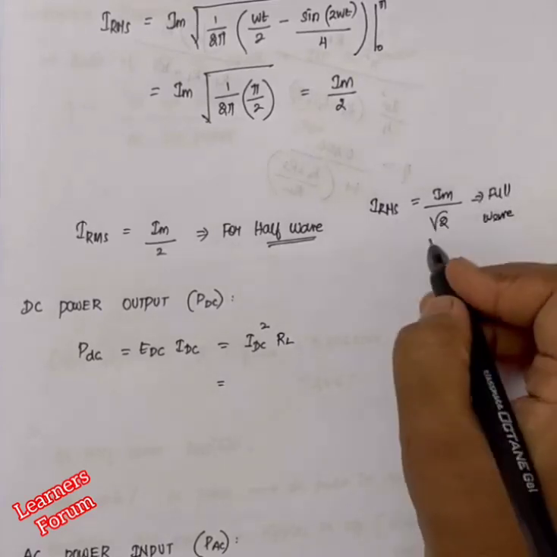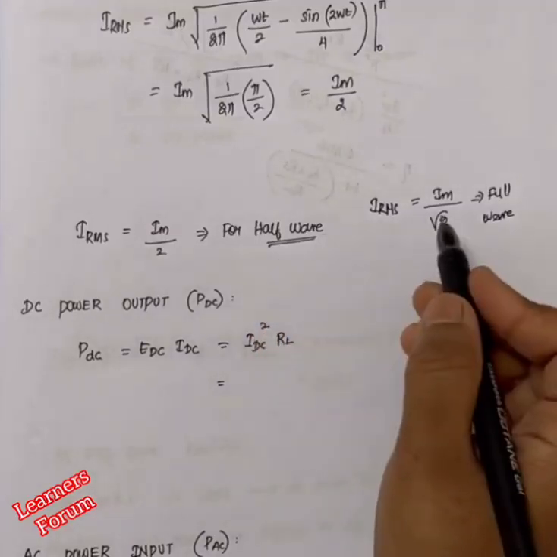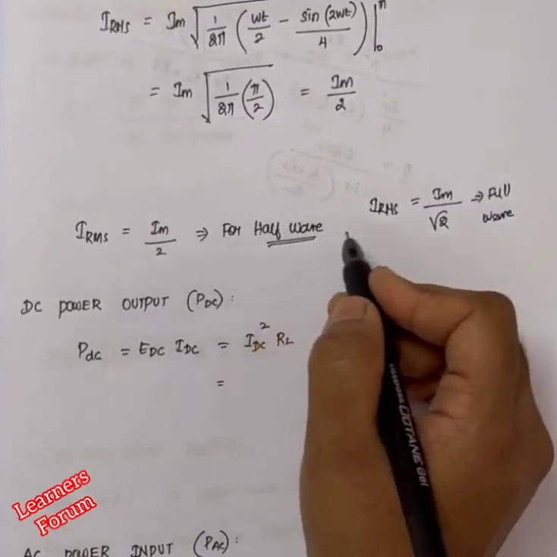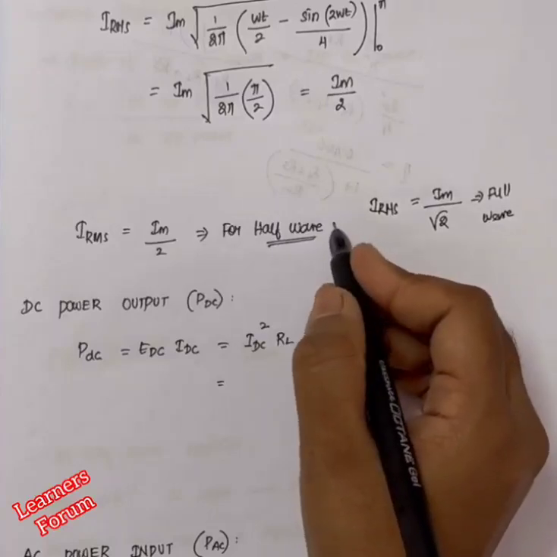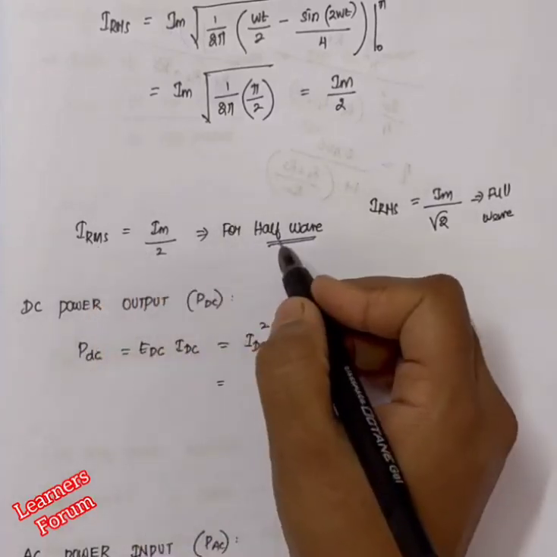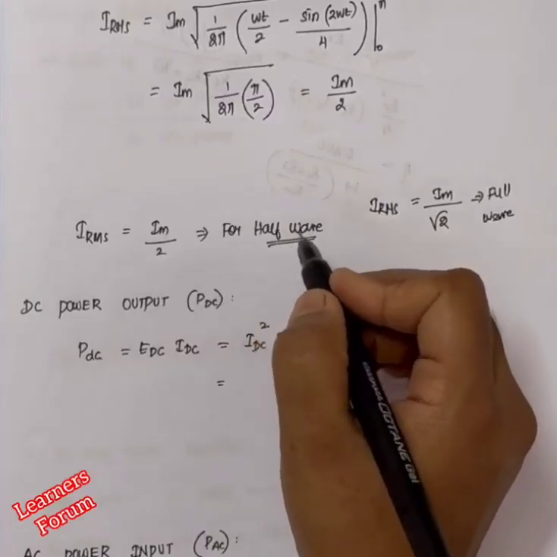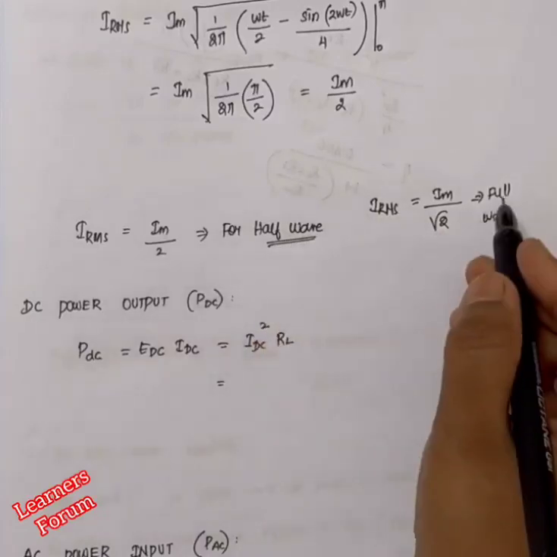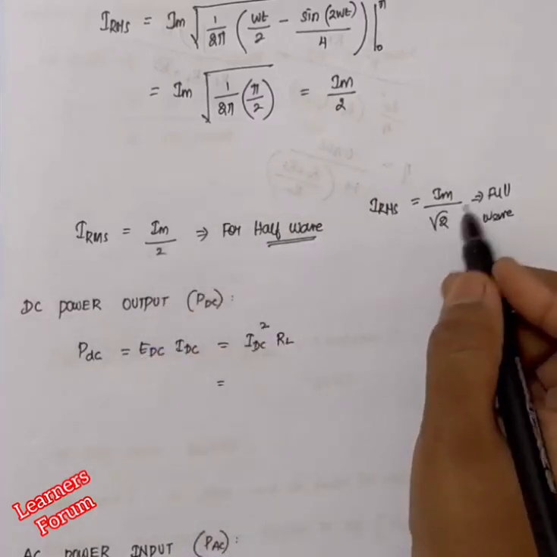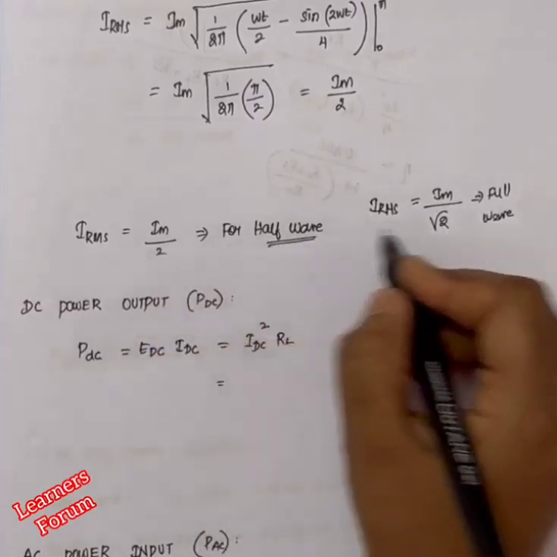So the questions will be with a twist in this condition only. In case you have any question where you are supposed to calculate the value of IRMS, the question will be like calculate the IRMS value. But you have to make sure that you are checking whether it is half wave or full wave. So for half wave it is Im by 2, and for full wave it is Im by root 2. So this is the basic difference.